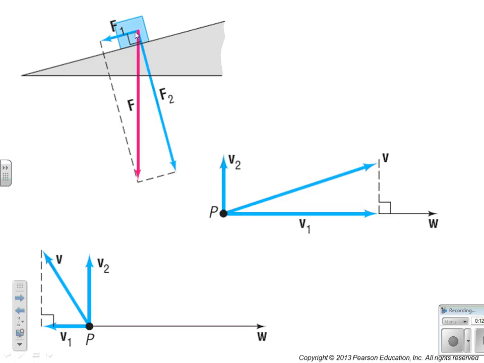So we say f is equal to f1 plus f2, and f1 and f2 are orthogonal. This is useful when we're doing force or work problems, so that's why it may seem silly to take a vector and decompose it into two orthogonal vectors, but that's the way we roll to solve some problems. So like vector v is split up into v1 plus v2.